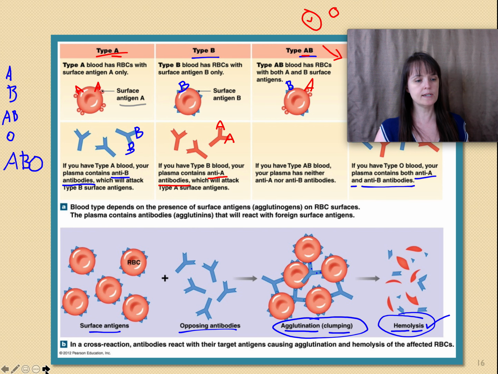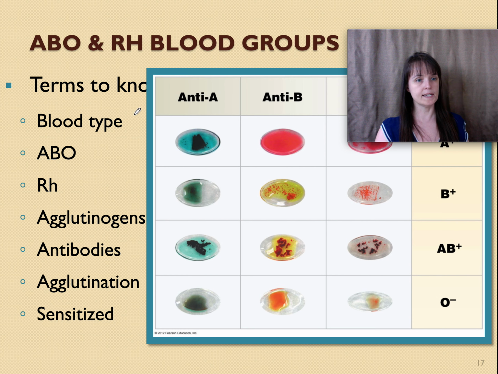Okay, so the blood types we've already talked about: A positive and negative, B positive and negative, AB positive and negative, O positive and negative. The ABO blood group gives you the A, B, AB, or O. The Rh group gives you the plus or minus. Agglutinogens, we didn't talk about that.